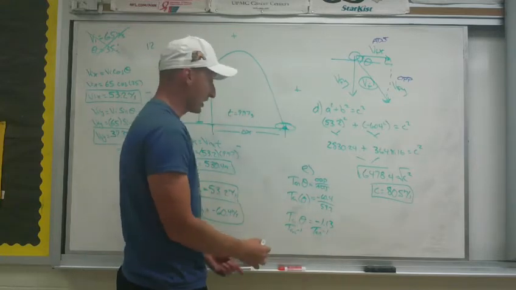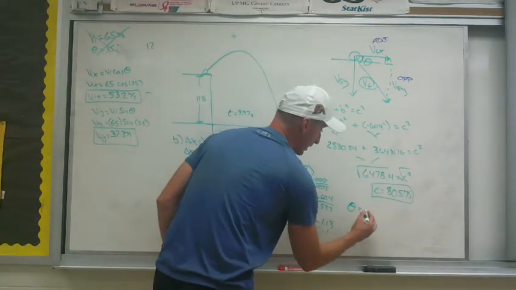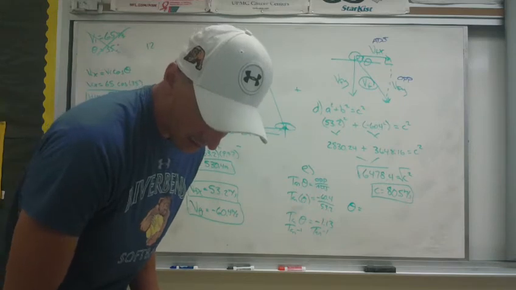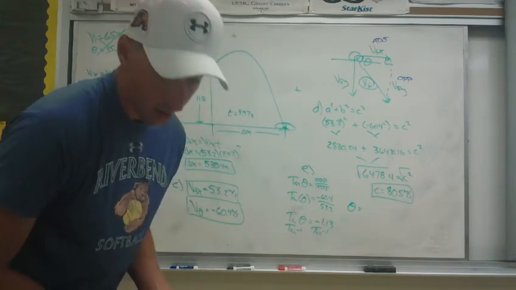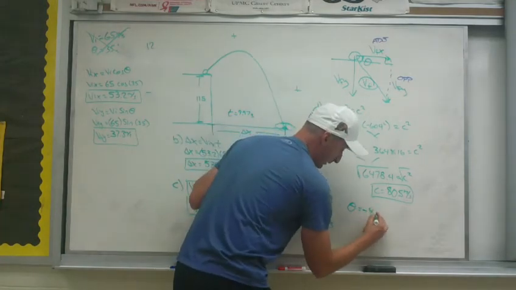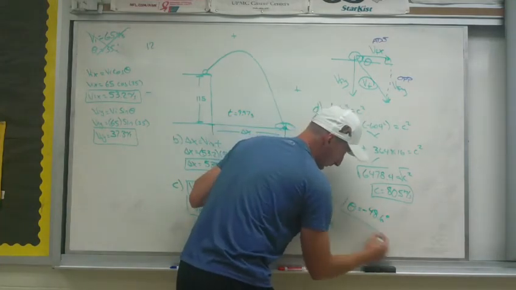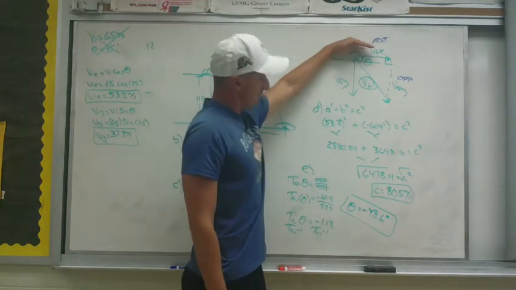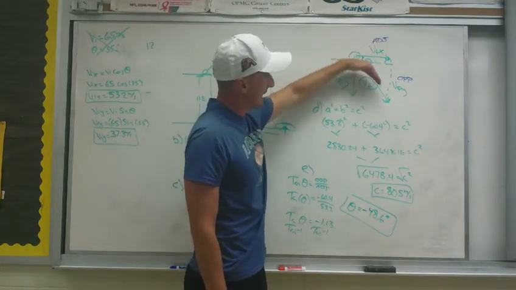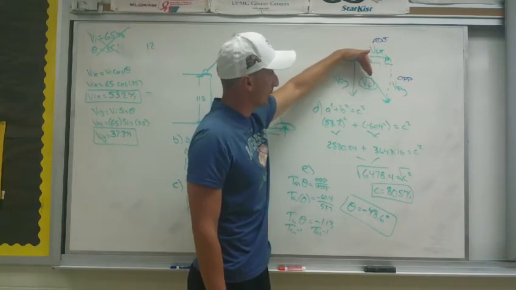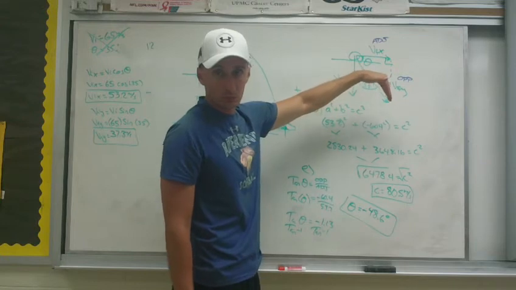Inverse tangent of both sides, and you get theta is equal to. So I do second tan, second answer. You get negative 48.6 degrees. So what that means is the projectile is going 80.5 meters per second at an angle of 48.6 degrees below the horizontal. Okay, that's why it's negative.